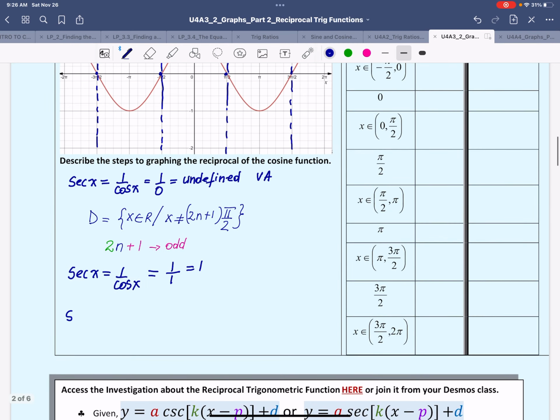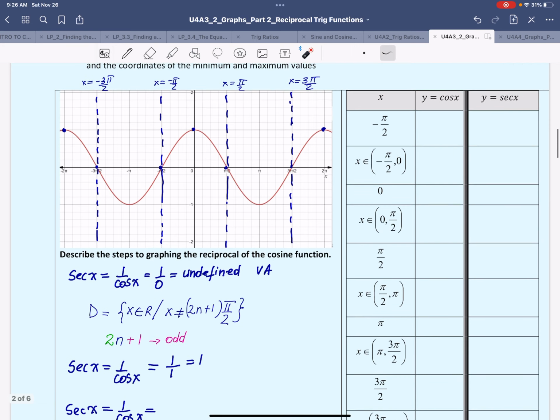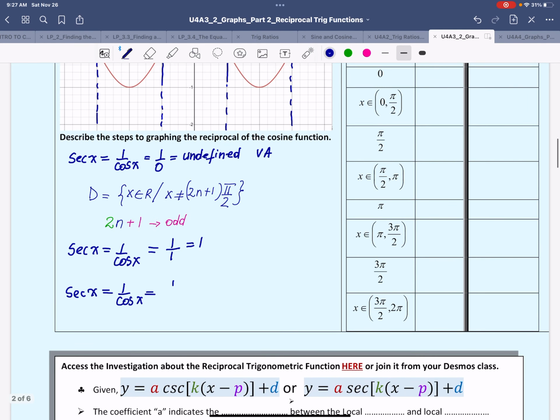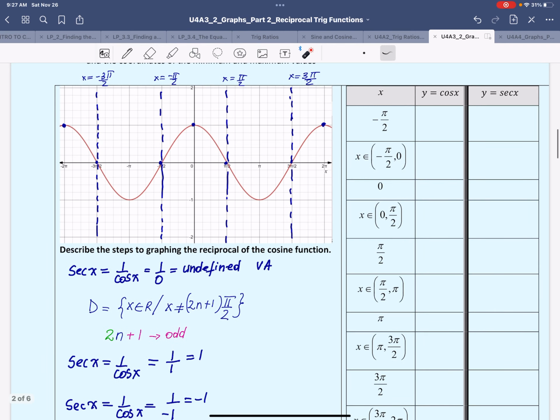And similarly, at the points where the cosine hits a minimum of -1, which are these points here, the secant function will be -1. So again, these points on the graph of the cosine will also be points on the reciprocal.